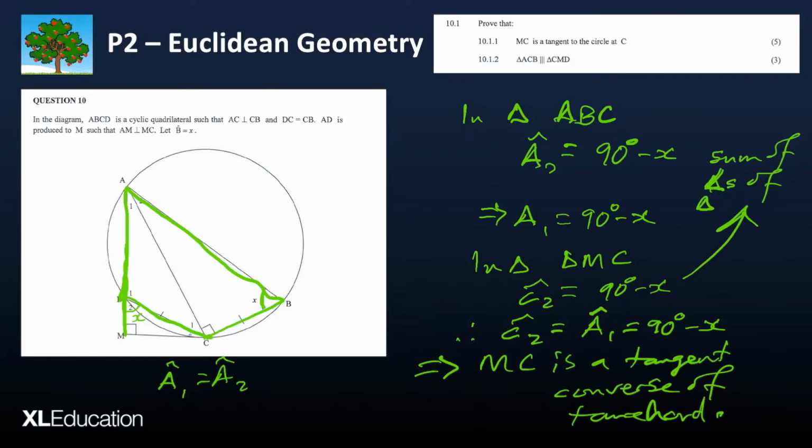Okay, right, so we have grabbed 5 marks from that proof. 10.1.2, I said, is not a low-hanging fruit, but whenever you see similarity being asked to be proven, please remember that you just need to prove that 2 pairs of angles are equal. Then the third one is given, is implied.